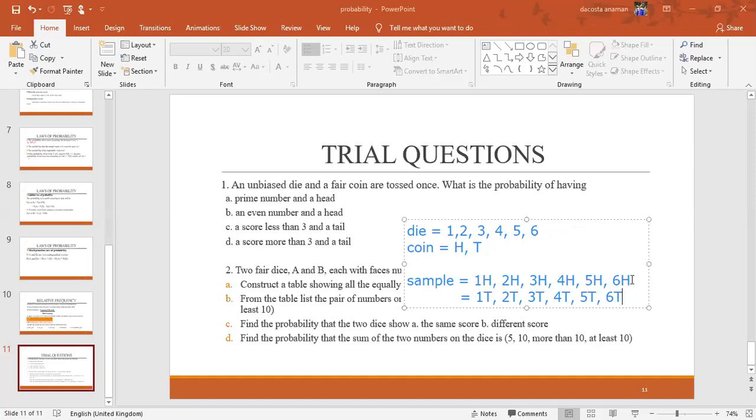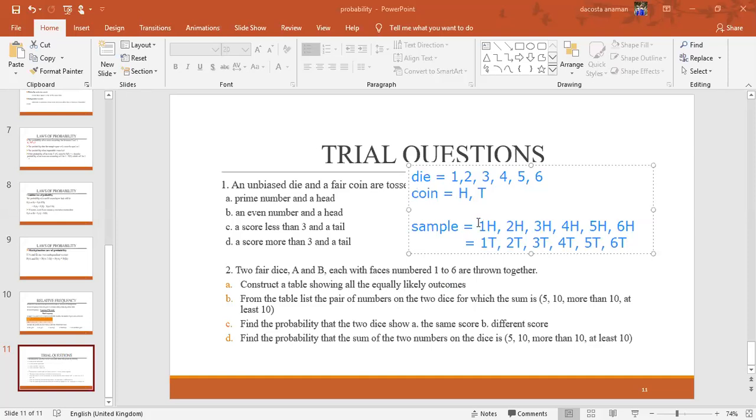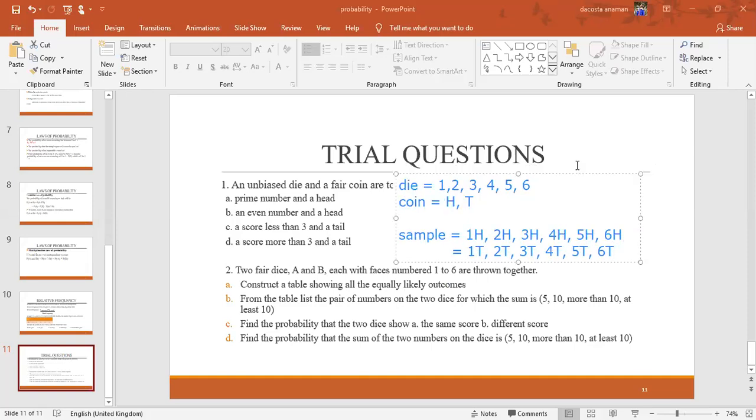Okay, so as we have found the sample, so this is the sample from one head to 6 tail. Use it to solve the question there. That is, if the unbiased die is a prime number in a head, an even number in a head, a score less than 3 in a tail, and a score more than 3 in the tail.